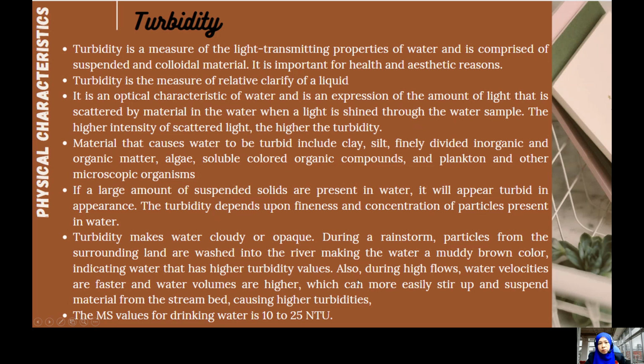Also during high flow, water velocity is faster and water volume is higher, which can more easily stir up suspended material from the stream bed, causing higher turbidity. The standard value for drinking water turbidity is in the range 10 to 25 NTU.